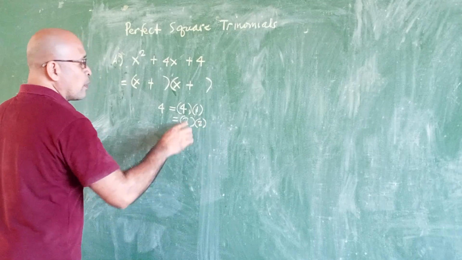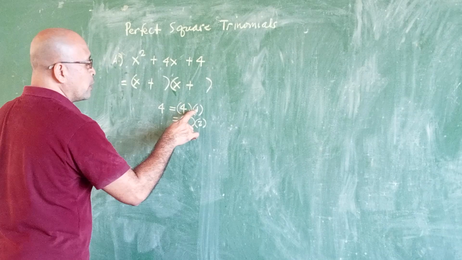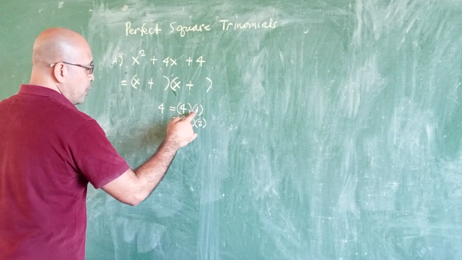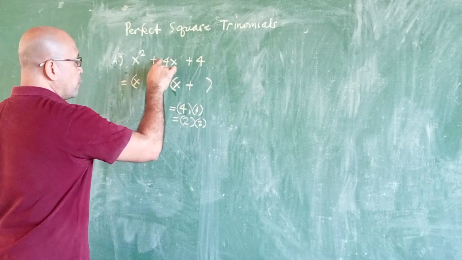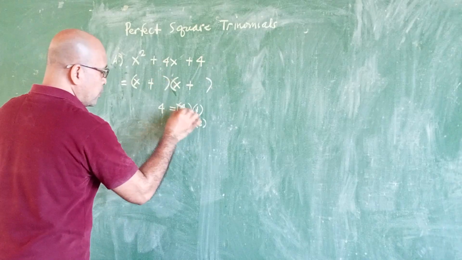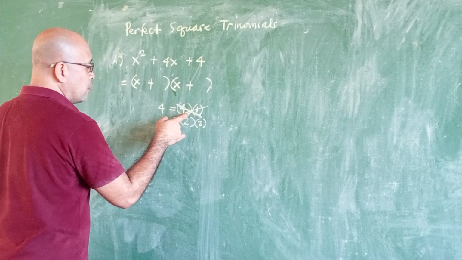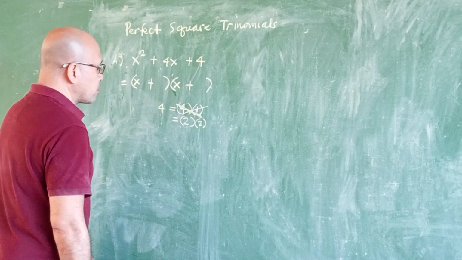Then after that, you add the first factors, that is 4 plus 1, the result is 5. And since 5 is not coinciding with the coefficient of the middle term, therefore you need to disregard the first factors because these are not the required last terms of your factors.